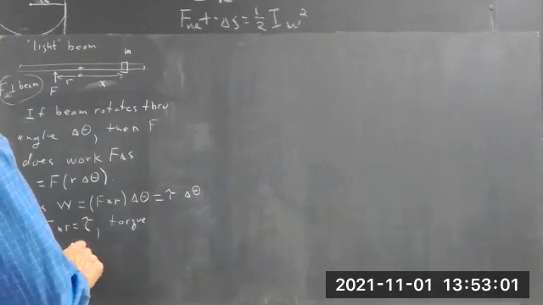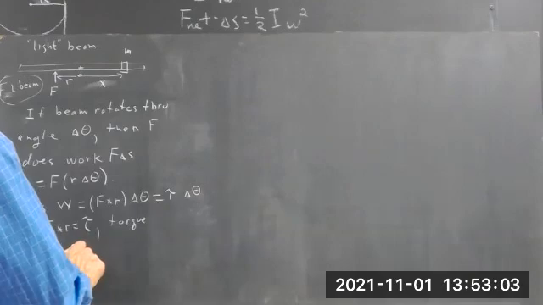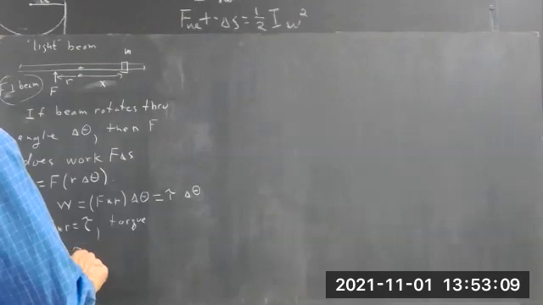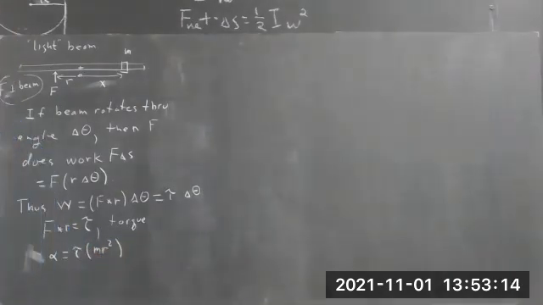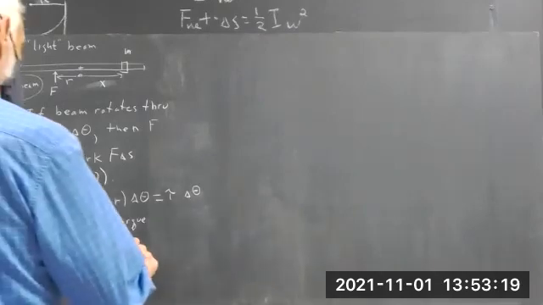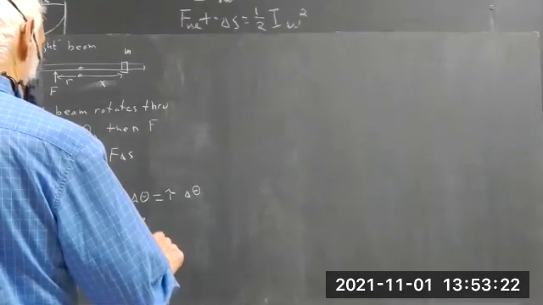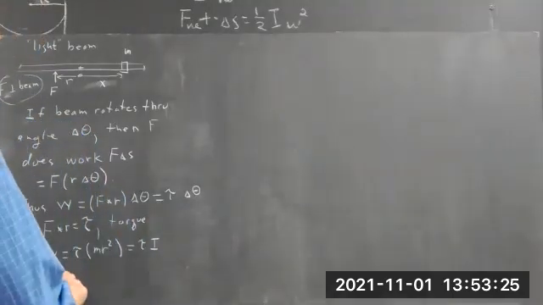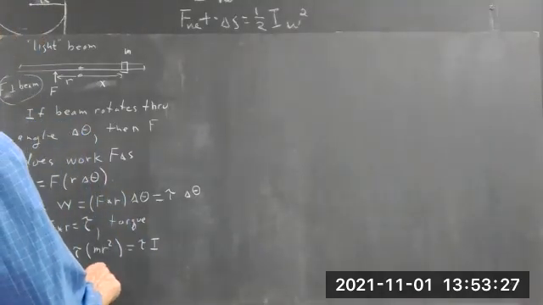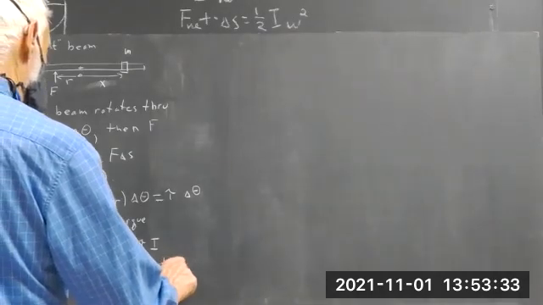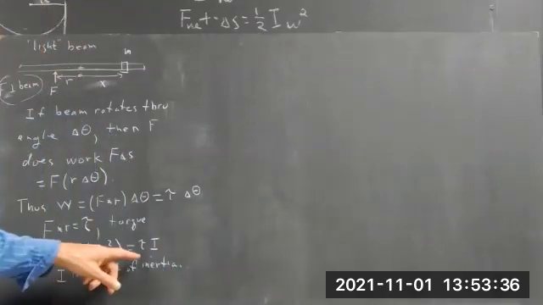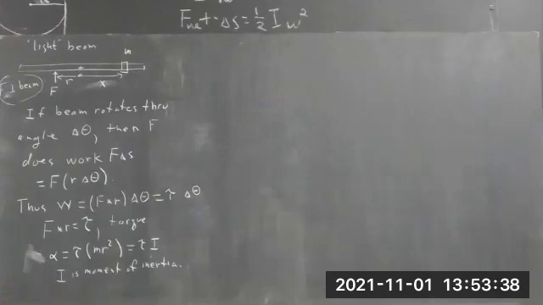It turned out to be, I'm skipping something here, tau divided by mr squared, which I called the moment of inertia.